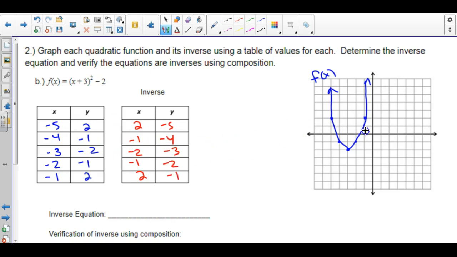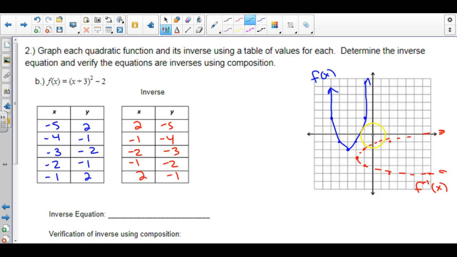So I'm going to go over to -2, -3, which is here. I've got -1, -4, -1, -2, and then 2, -5, which is down here, and then I've also got 2 with a -1. And I'm going to dash this, and then label this as my f inverse of x.